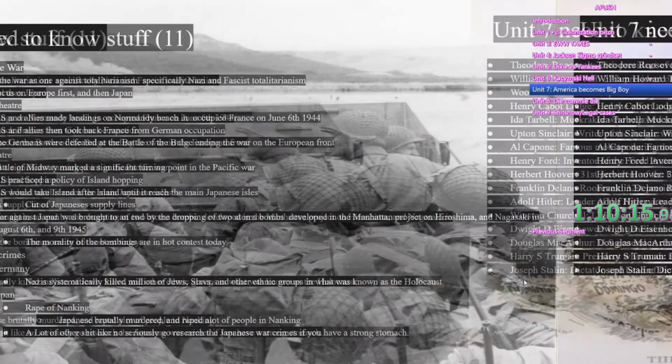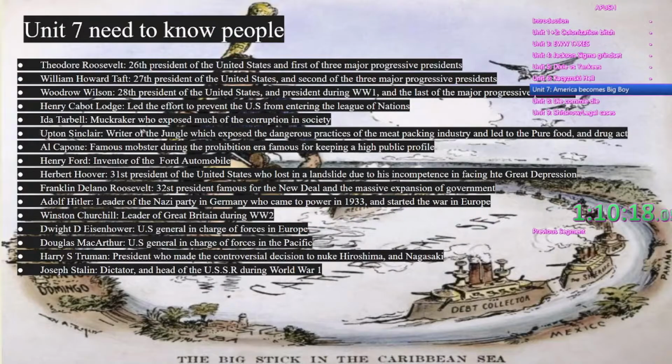But moving on, Unit 7, people you need to know. Pretty much you want to know the major presidents, what they did during this time, major political figures such as Cabot Lodge.